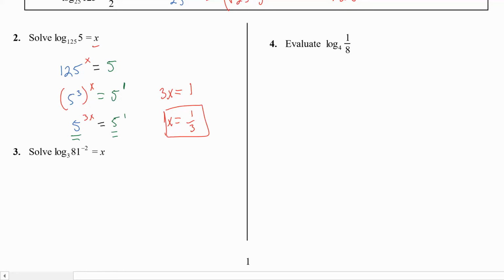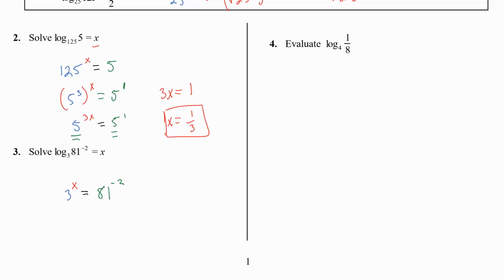All right, number 3, log base 3 of 81 to the -2 equals x. We'll do the same thing. The base of the log is 3, so the base of the power is 3. The log equals x, so 3 to the x, and then that equals 81 to the -2.